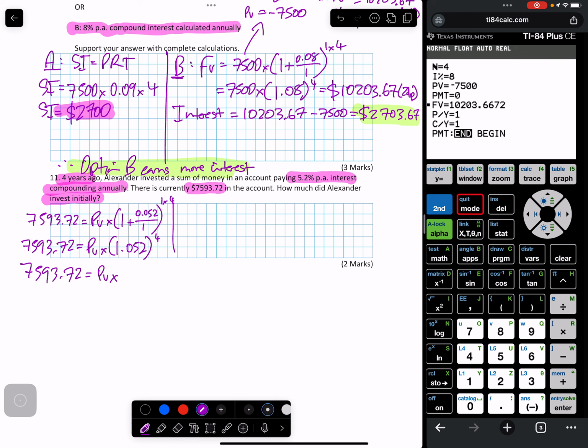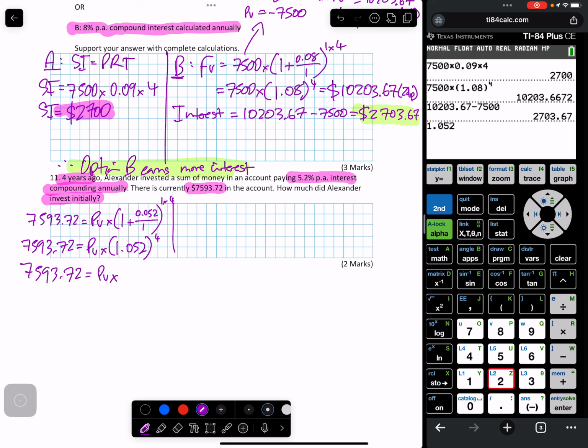Work out what 1.052 to the power of 4 is.